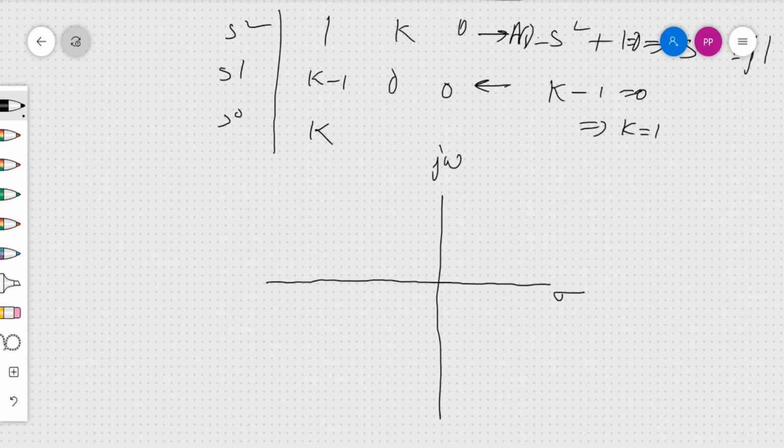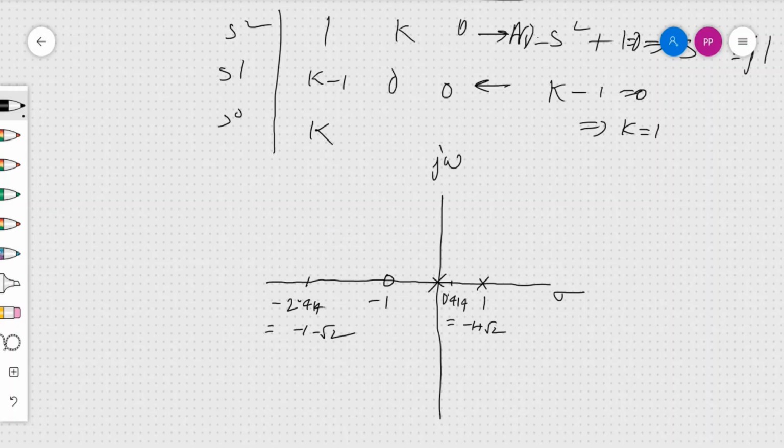We have the pole at the origin and pole at s equal to 1, then zero at minus 1, then we have the point of 0.414, which is equal to minus 1 plus root 2, and here we have minus 2.414, that is equal to minus 1 minus root 2.